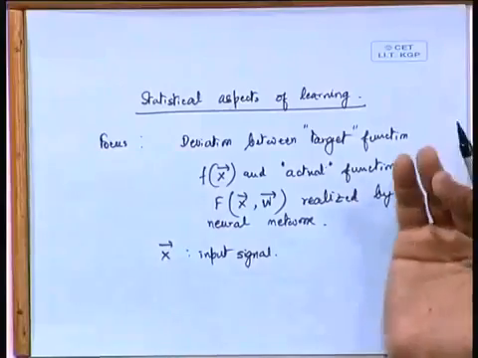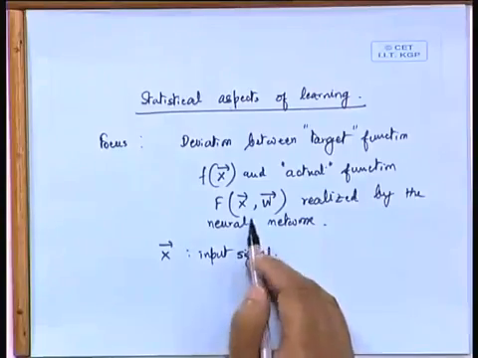Followed? So, again I repeat: x vector is the input signal, and f of x vector is the target function, which you can describe mathematically, but you are realizing the target function or a very close approximation to it by working through a neural network, where the neural network does a mapping from this x vector to the output.